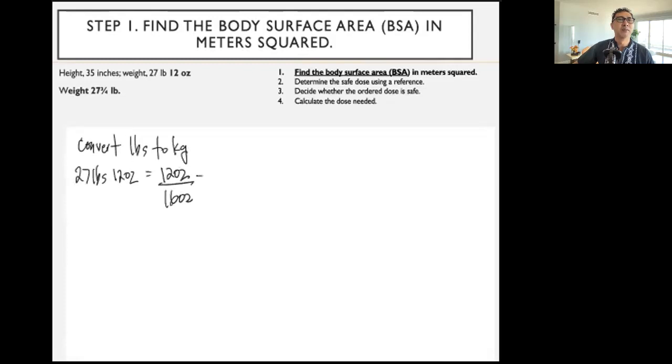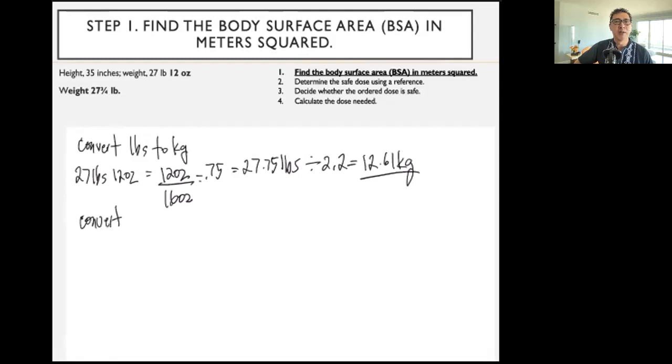First, remember the 12 ounces, I have to divide by 16 to get into pounds. So now I have 27.75 pounds. Then I take my 27.75 and convert it into kilograms by dividing by 2.2. So now I have 12.61 kilograms.